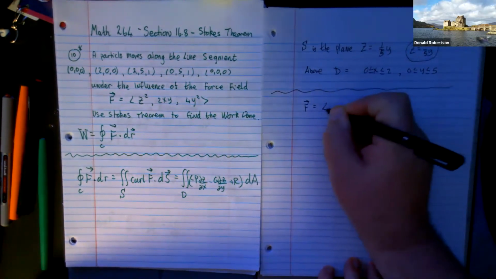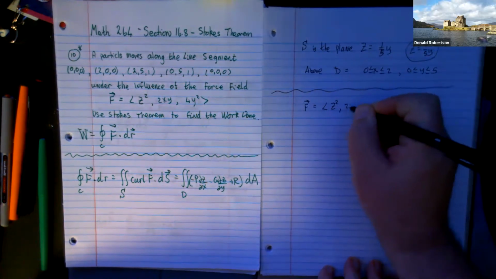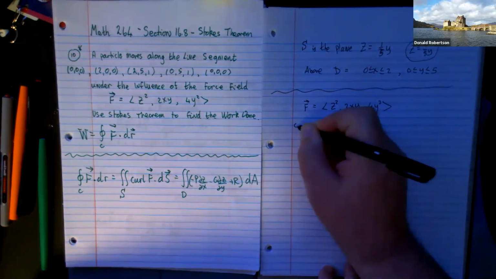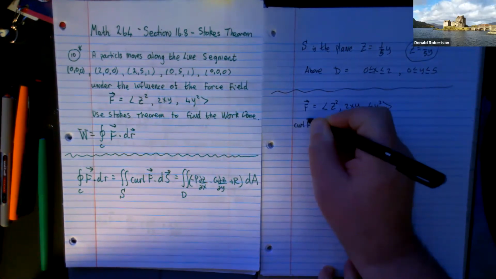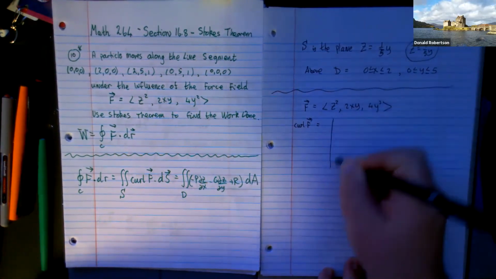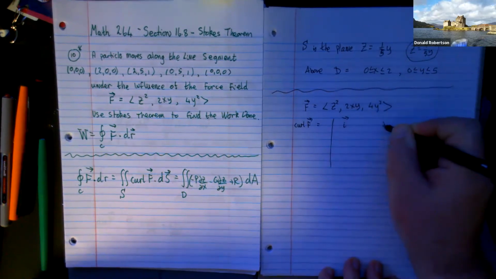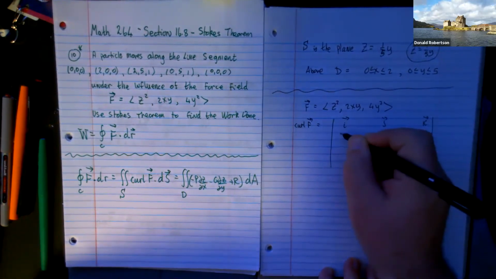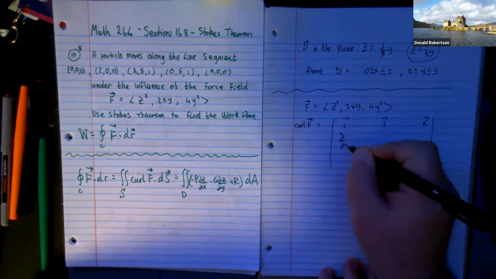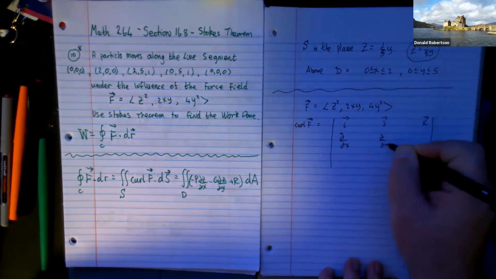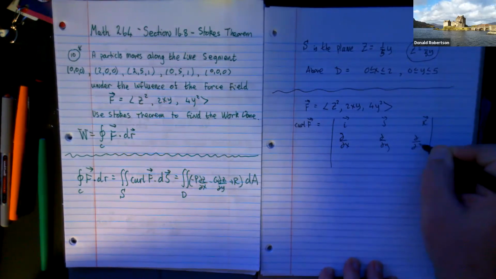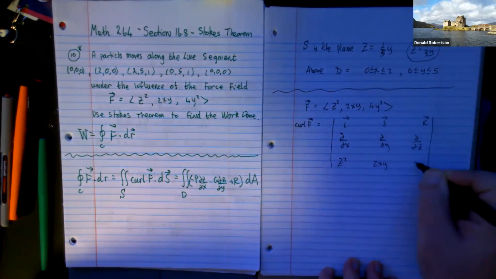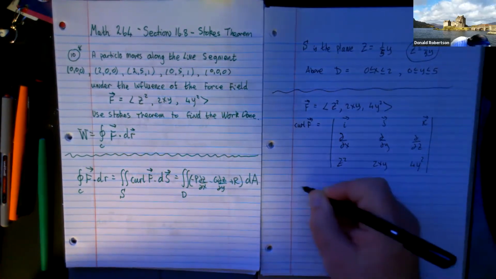Since we have this guy, we have to find the curl of F. So it's going to be i, j, k, this guy with respect to x, this guy with respect to y, the last one with respect to z, put a z squared, 2xy, and 4y squared.